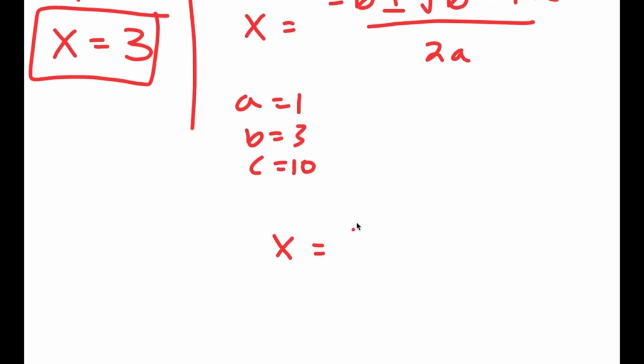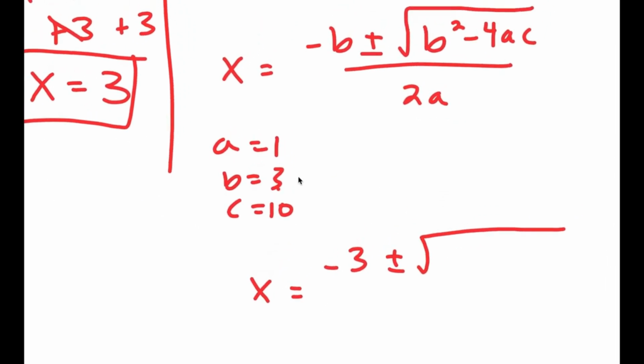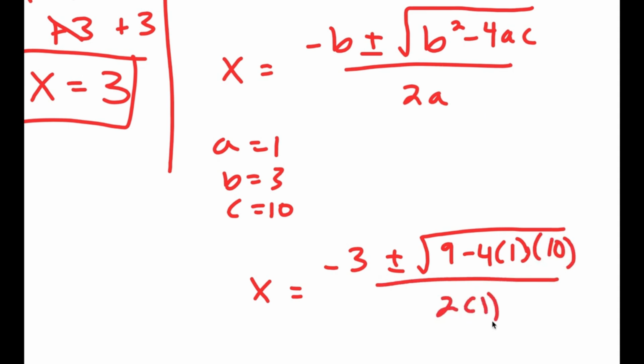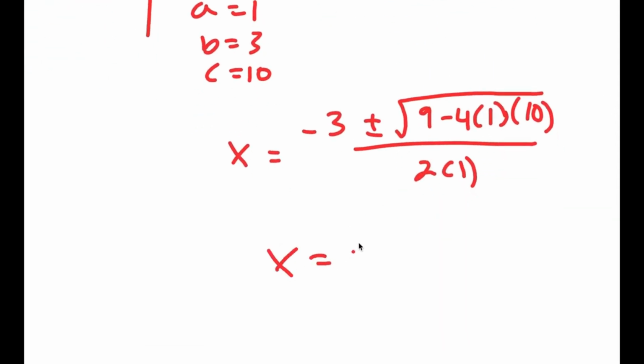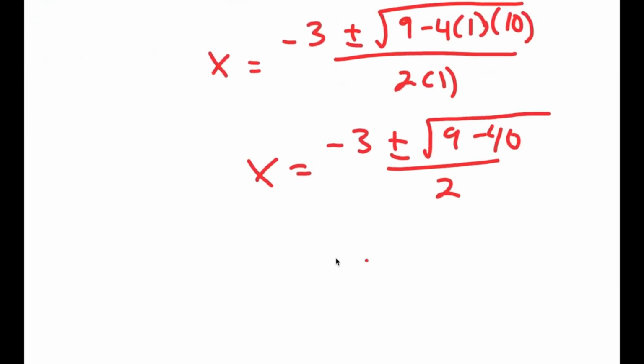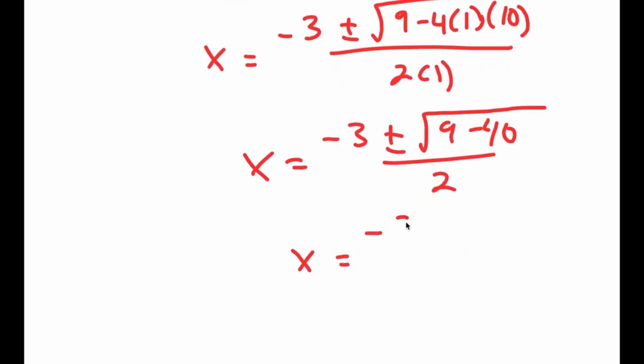So I get x is equal to negative 3 plus or minus the square root of b squared, which is 3 squared, which is 9, minus 4 times a, which is 1, times c, which is 10, all over 2a, so 2 times 1. And now this is equal to negative 3 plus or minus the square root of 9 minus 40 over 2, which is equal to negative 3 plus or minus the square root of negative 31 over 2.